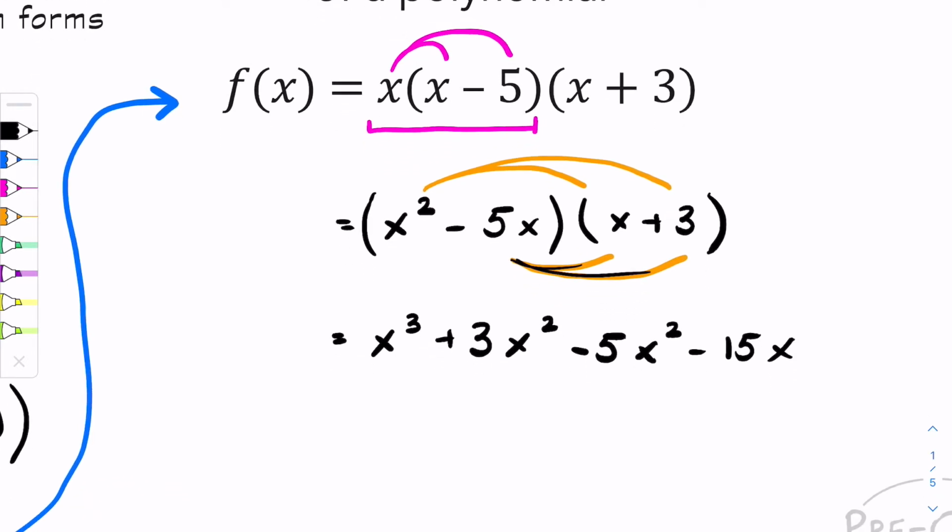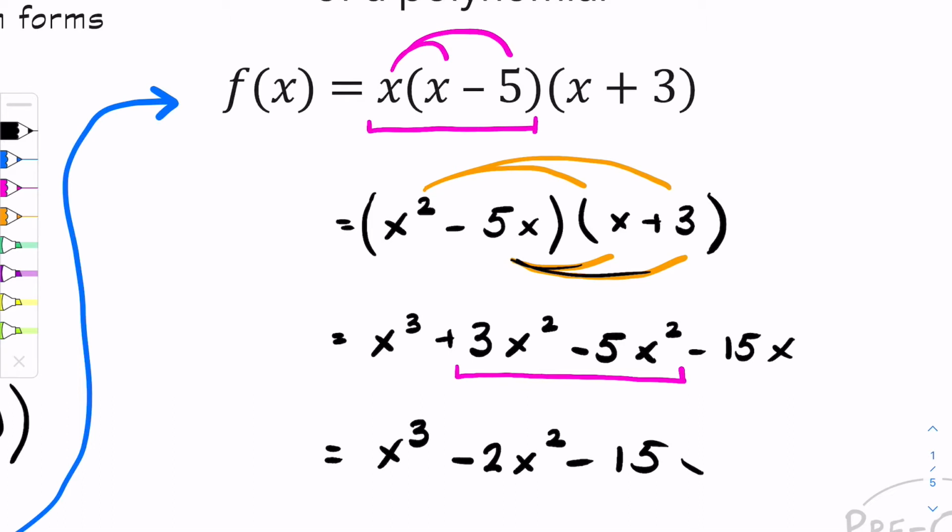I'm going to combine any like terms. The only like terms that I have are 3x squared and negative 5x squared. So my final multiplied answer, or standard form answer, is going to be x cubed minus 2x squared minus 15x.